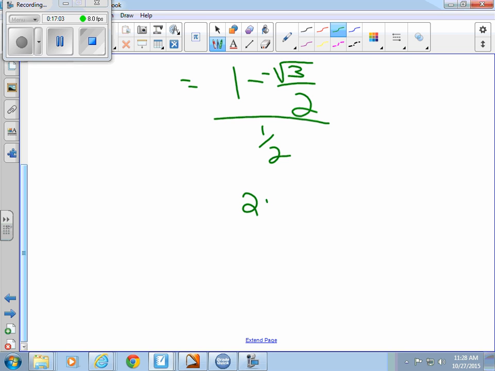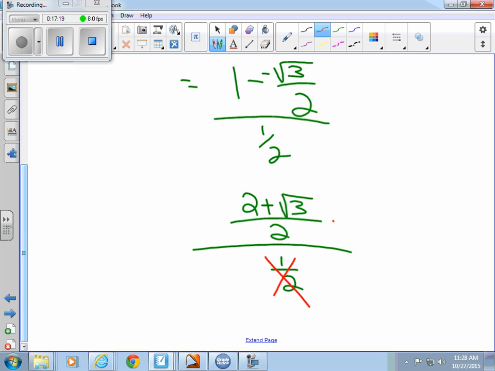2 plus radical 3 all over 2 on the top with a common denominator. Everyone agree? Over 1/2. Flip and multiply that 1/2. The 2's cancel and I just get 2 plus radical 3.